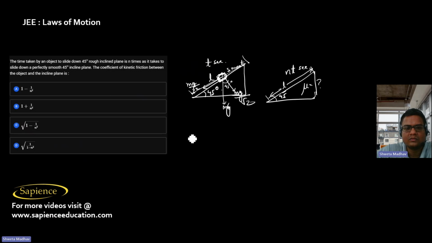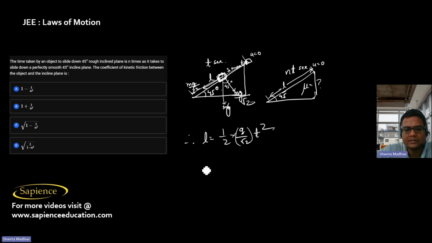So therefore L, I can say it starts from rest only, u equal to 0. So L equal to half a t square. Here acceleration will be the net force downwards by mass, that is g by root 2. So half into g by root 2 into t square.